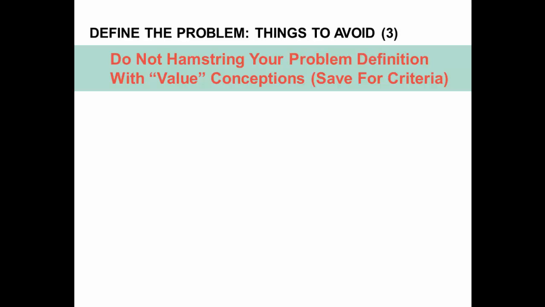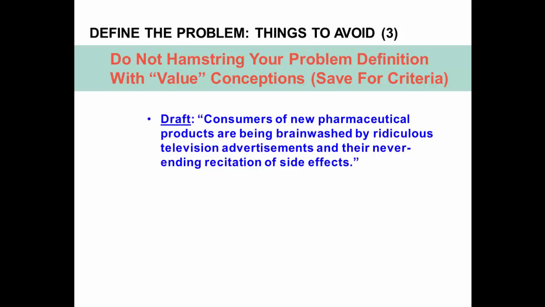Third, out of these 4 tips on things to avoid in problem definition, do not hamstring your problem definition with value conceptions. Let's save those for criteria. A draft relating to drug advertising might read, consumers of new pharmaceutical products are being brainwashed by ridiculous television advertisements and their never-ending recitation of side effects.